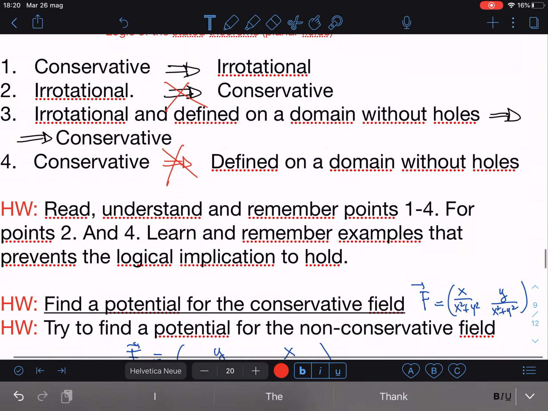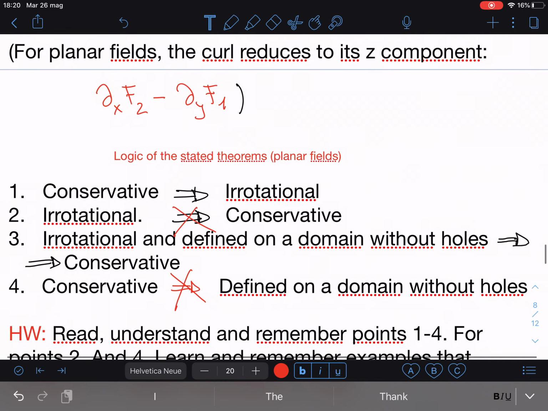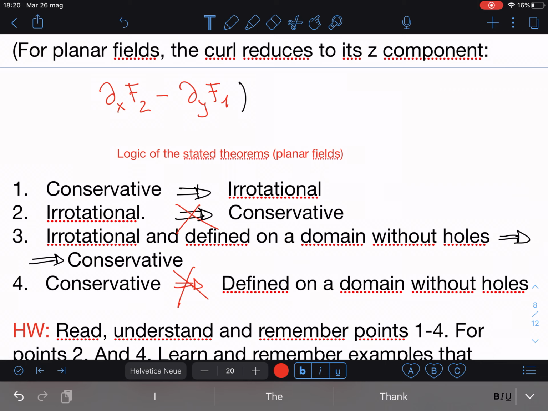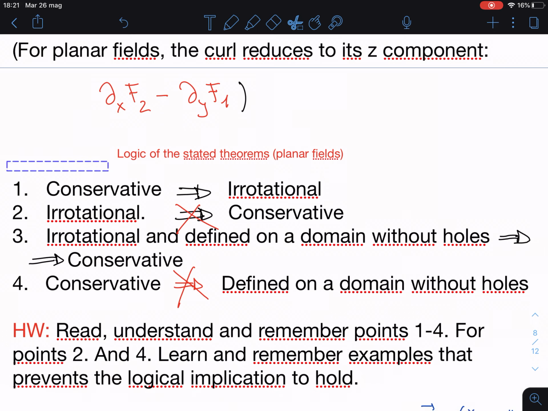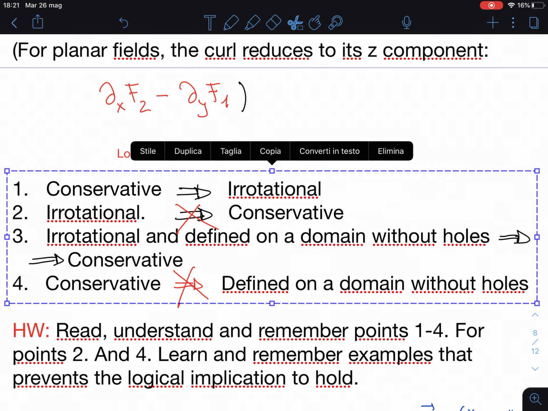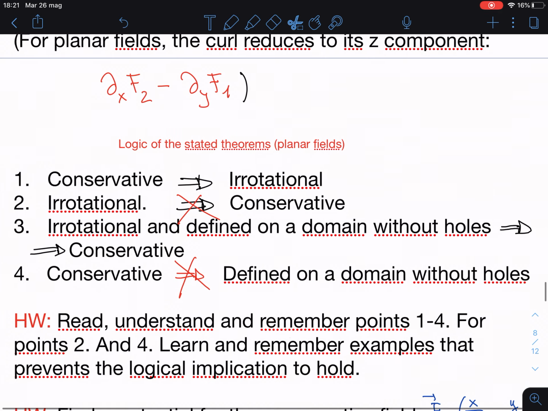So let me just copy. This is the last thing I want to do today. Here you have a copy.